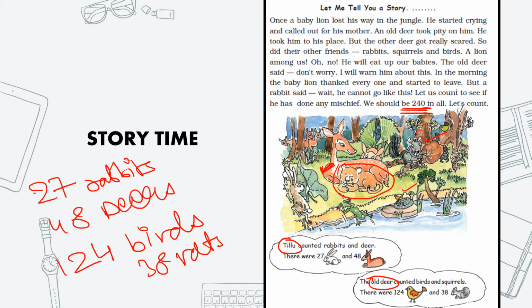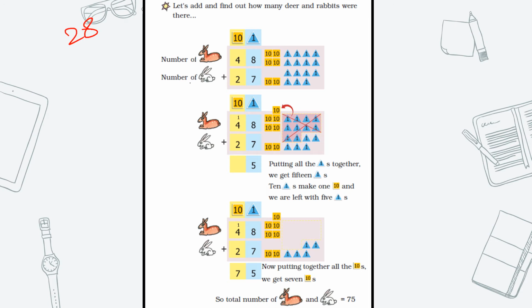Okay, now 27 rabbits and 48 deers. Now let's check the total of how many rabbits and deers we have. So we will see tens, ones, hundreds, right? There are 27 rabbits.